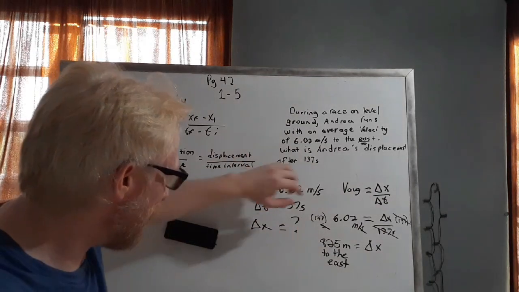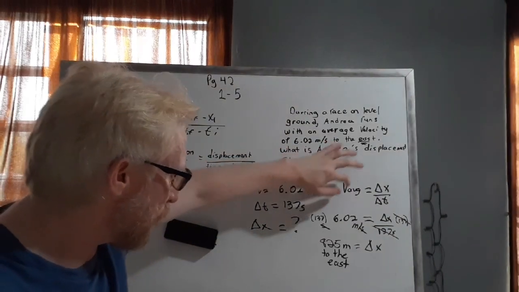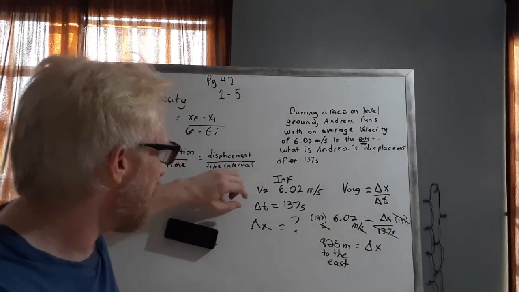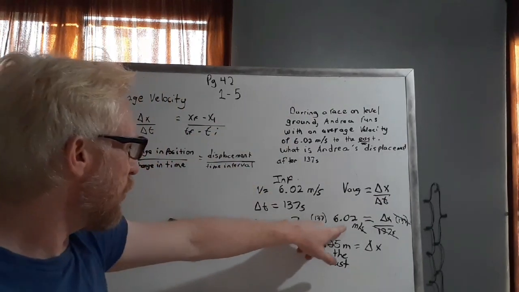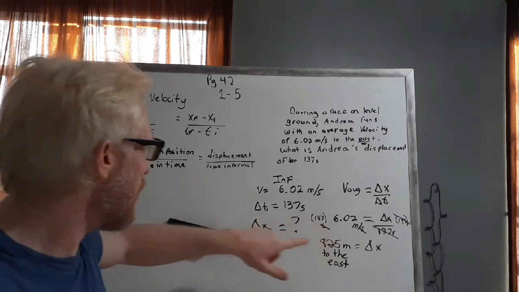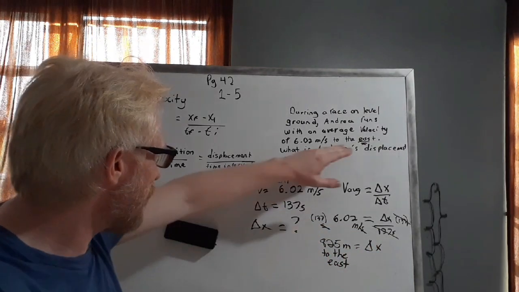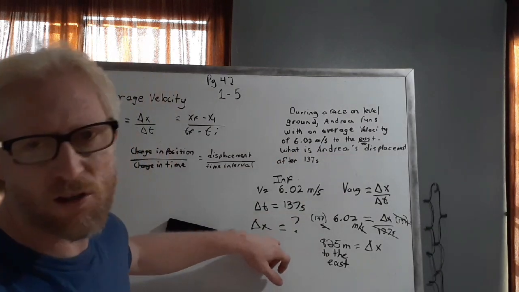So all we did was write the formula: the average velocity equals change in x over change in time. According to our problem, the average velocity was 6.02 meters per second, the change in time was 137 seconds, and we have to find Andrea's displacement, which is the change in x.